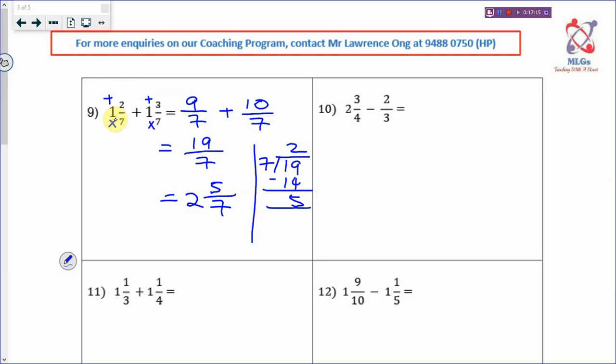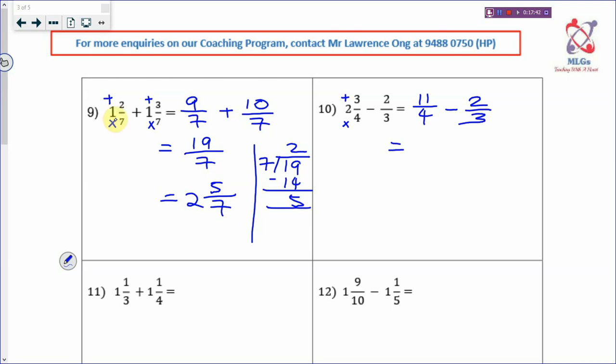Now the next one, you can change the mixed number into improper again. So you have 2 times 4, which is 8. 8 plus 3 is 11 over 4. Then you minus 2/3. Now you can't minus the fractions because the denominators are different. So you have to find the common denominator. So what's the common denominator?